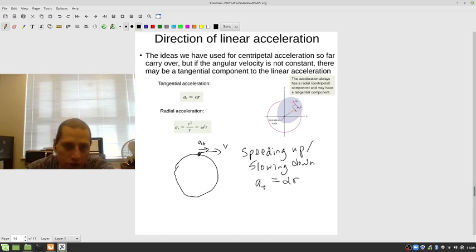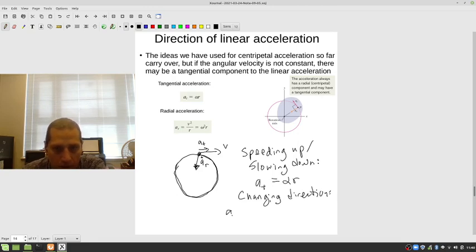Now, keep in mind there's another type of acceleration, our centripetal acceleration, and that was always directed towards the center of the circle. So we're going to call that our radial acceleration. If you wanted the total acceleration, you'd have to add these two together as a vector. You'd have to use your Pythagorean theorem to find a magnitude. That one we've called our centripetal acceleration before.